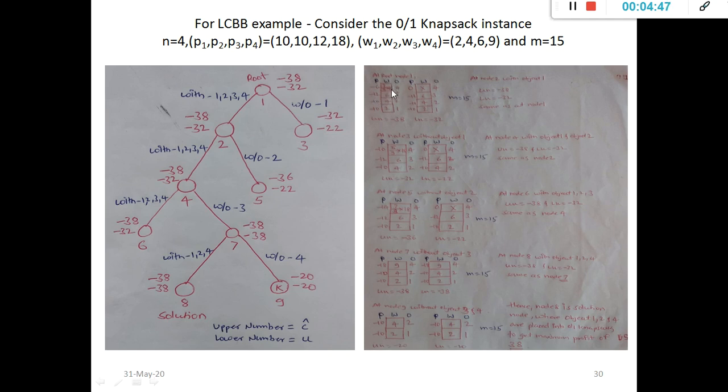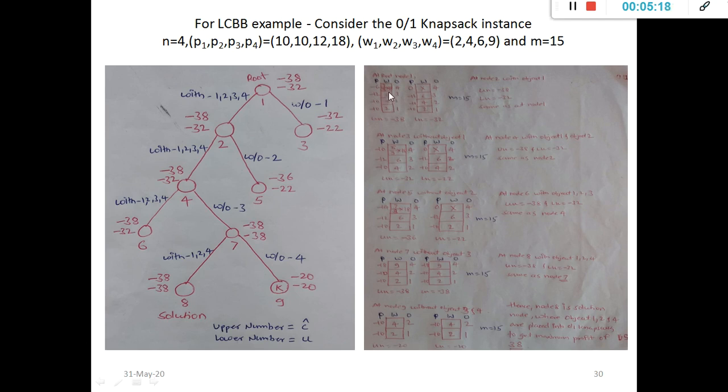Next you try to include object 4 into the knapsack, but it is not possible to completely include it because it exceeds the knapsack capacity. Objects 1, 2 and 3 are already included, and the total weight is 6 plus 4, that is 10, plus 2, that is 13. The weight of object 4 is 9, so it is not possible to completely include object 4 into the knapsack.